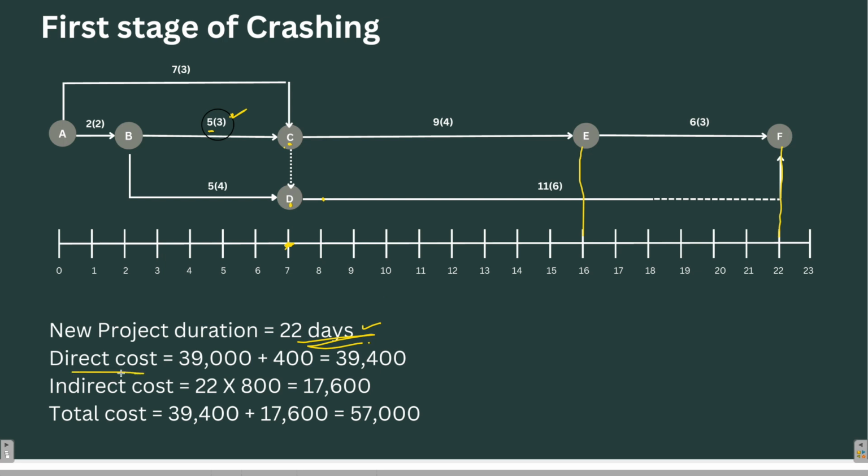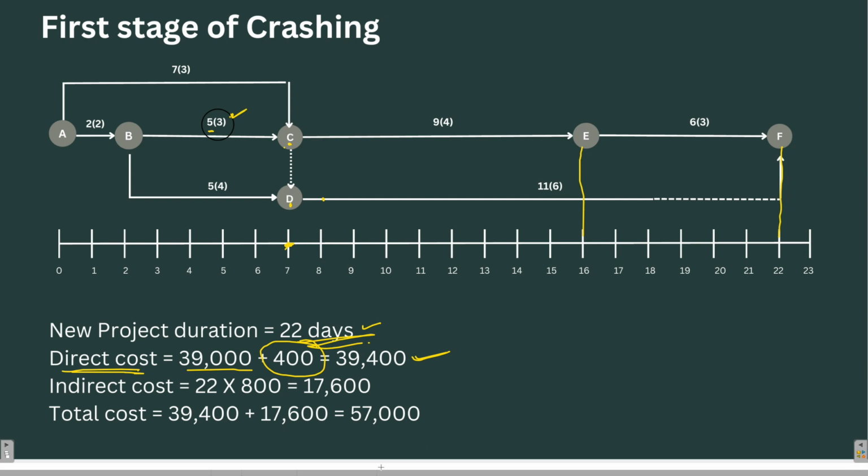Now what will be the direct cost? Direct cost will be 39,000, which was the original cost of the project, plus 400 for crashing BC for 1 day, which takes us to 39,400. So the direct cost has increased by rupees 400.